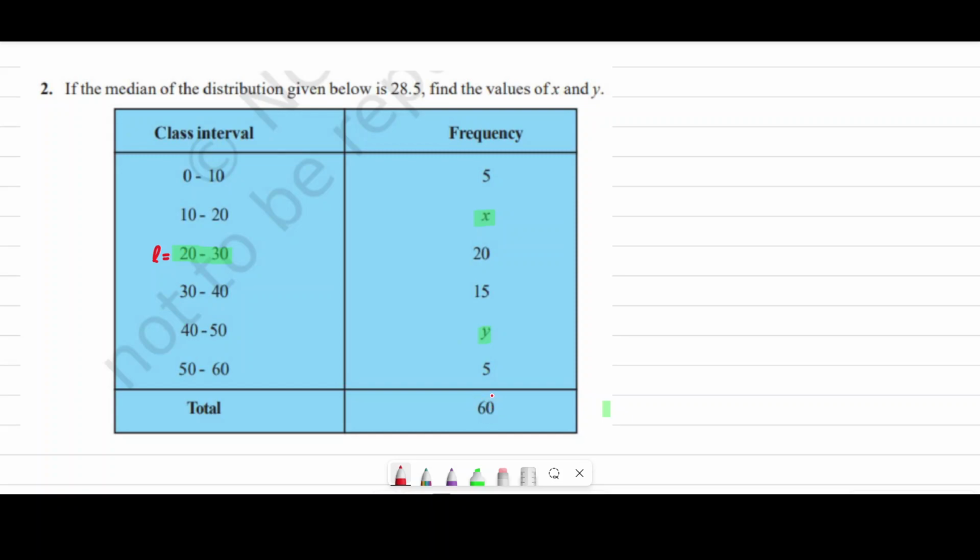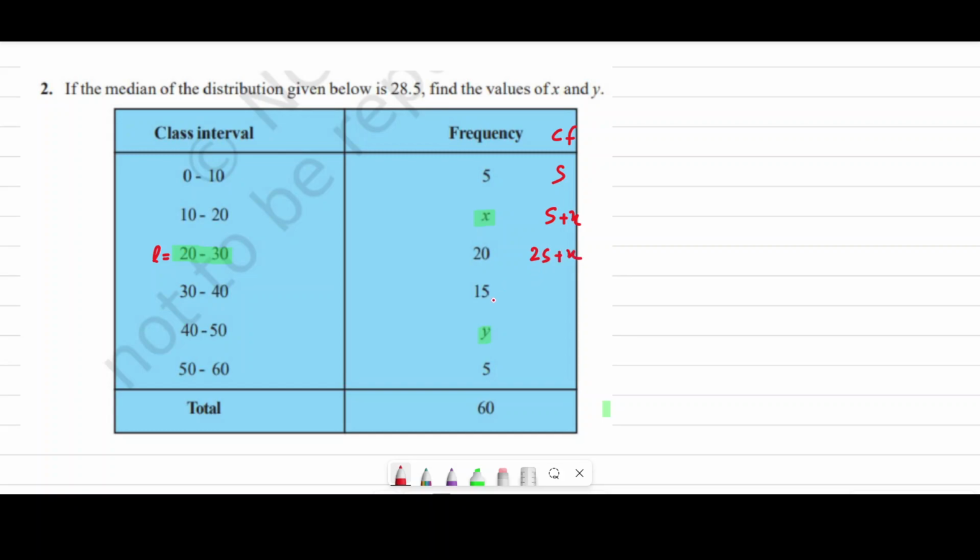Now on the basis of 16 we can find the value of n by 2. Now first, for the median, we will have to complete the table as CF. So add the value here, 5, then 5 plus x, then this will be 25 plus x.